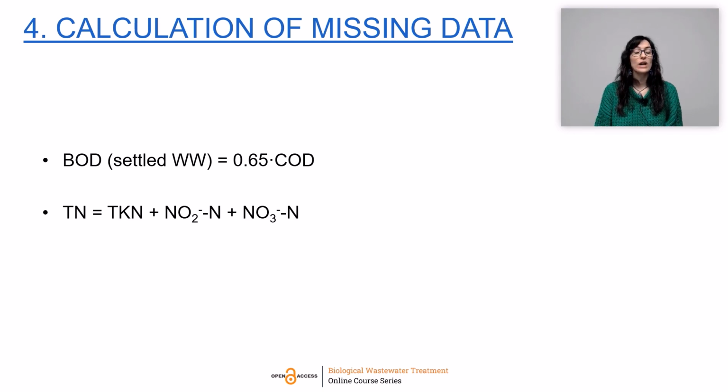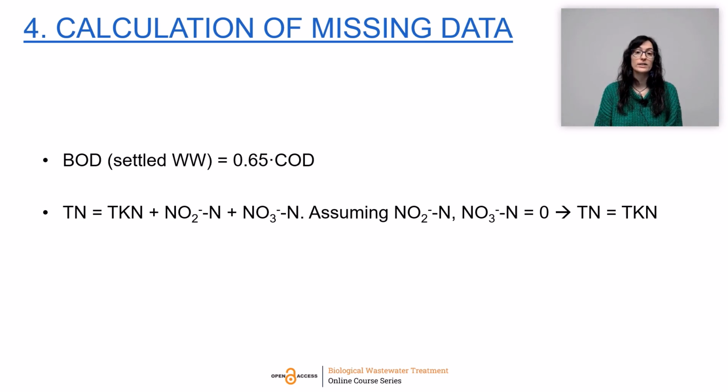Next, we have to calculate the total nitrogen concentrations. Normally, total nitrogen equals the sum of the TKN plus nitrate and nitrite concentrations. However, in this case, we are assuming that nitrite and nitrate concentrations are negligible, and thus we can consider that total nitrogen is equal to the TKN.